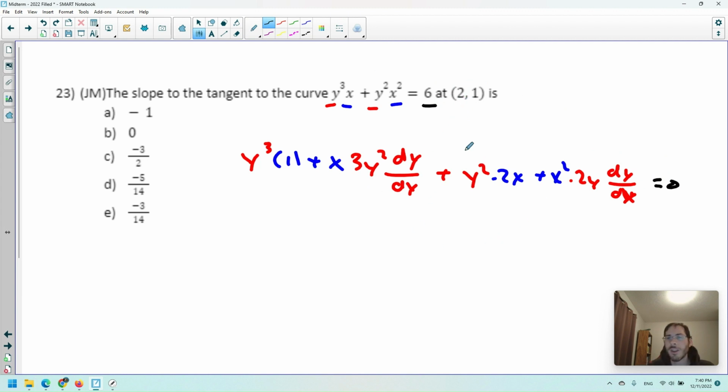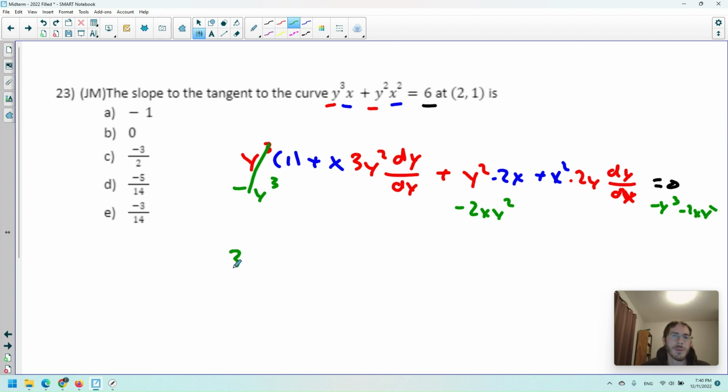Next step, we get everything that's not a dy dx on the other side. So we'll start moving things around. Minus y cubed and minus 2xy squared.